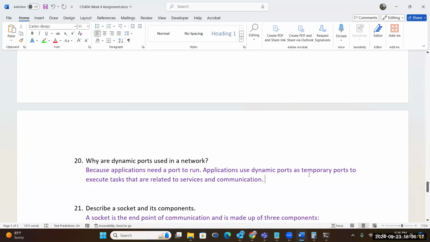So when you authenticate to pay your bill or transfer your money, or whatever it is that you do on the application, it uses services, and dynamic ports allow it to use a temporary port for that service at a time, instead of having a dedicated port like port 443.